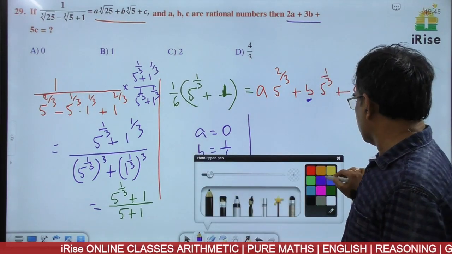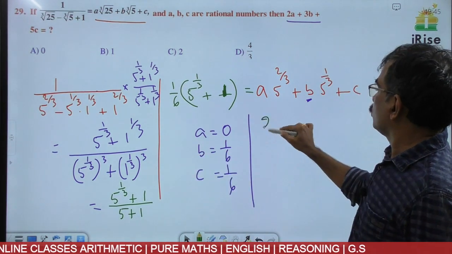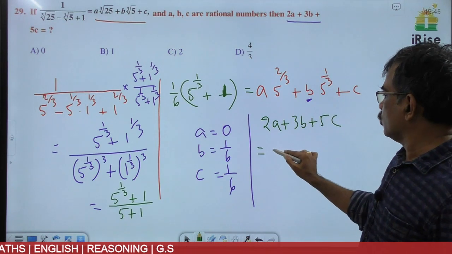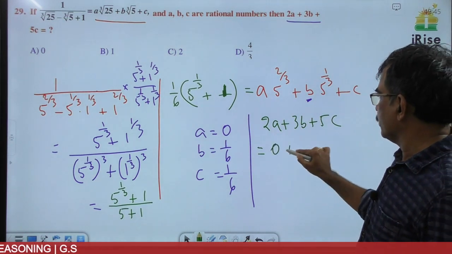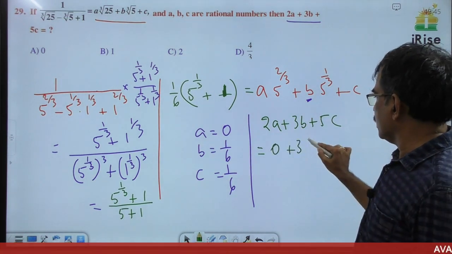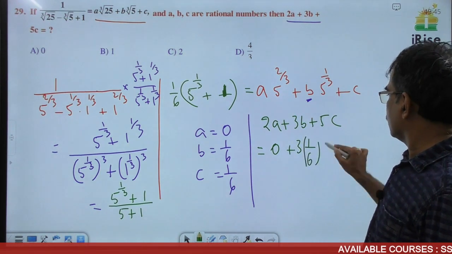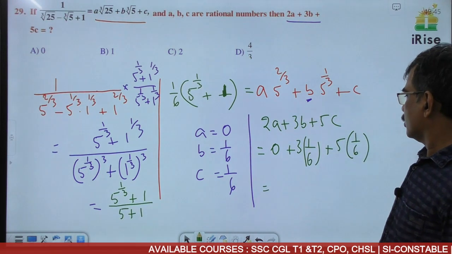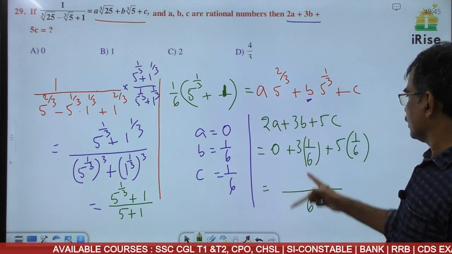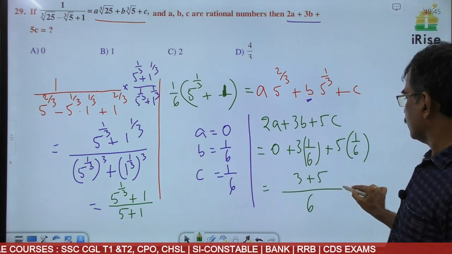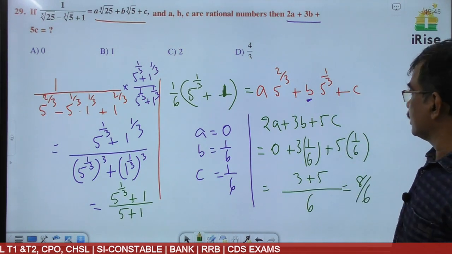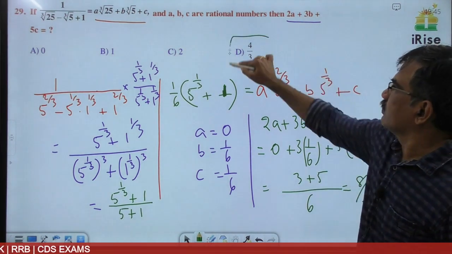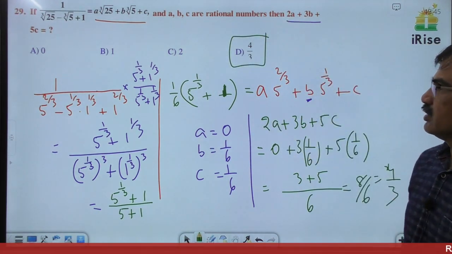The given question is 2a plus 3b plus 5c is equal to how much? 2a, 2 into 0, is 0. 3b, 3 into 1 by 6, plus 5c, 5 into 1 by 6. Okay, 6 is the LCM. 3 plus 5 is equal to 8 by 6. 8 by 6 can be written as 4 by 3. So the answer for this question is 4 by 3.